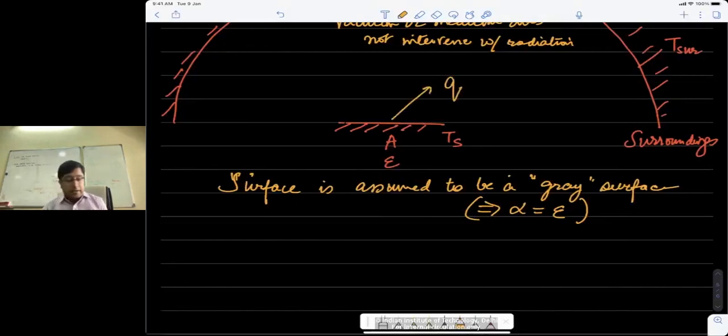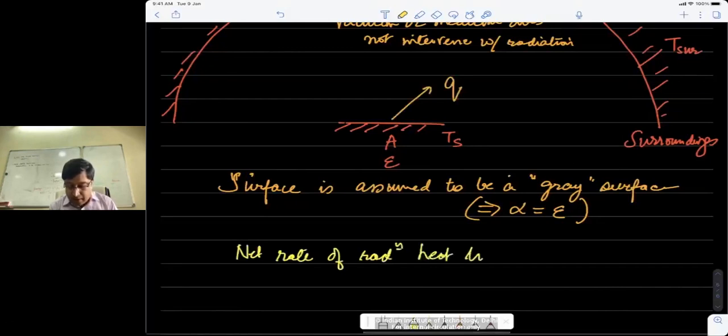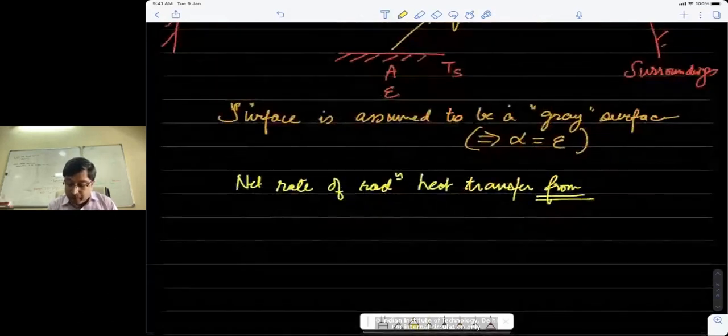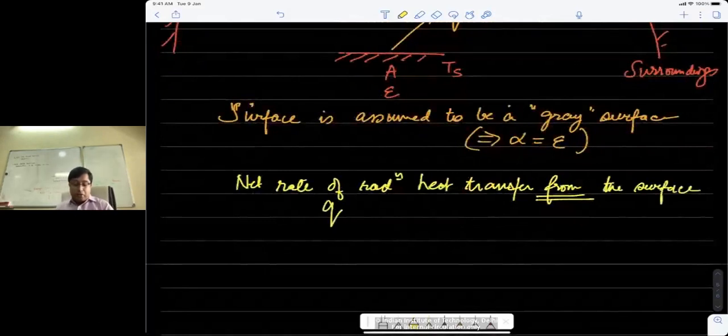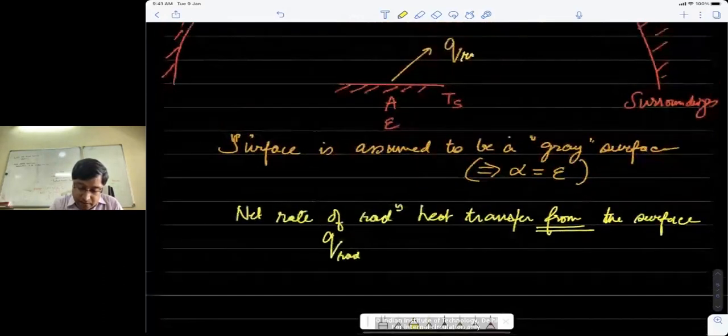So we can write that the net rate of radiation heat transfer from the surface, which I'm going to call Q radiation, because we are doing this for a very special case.